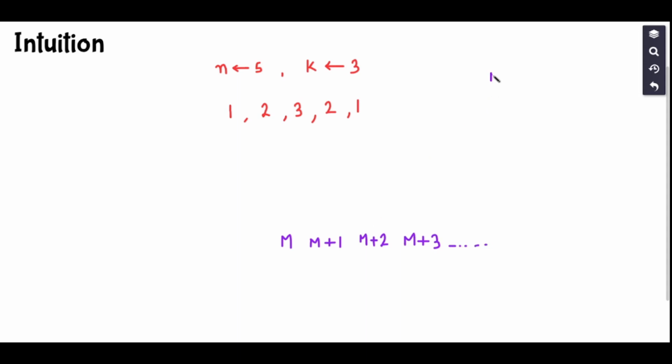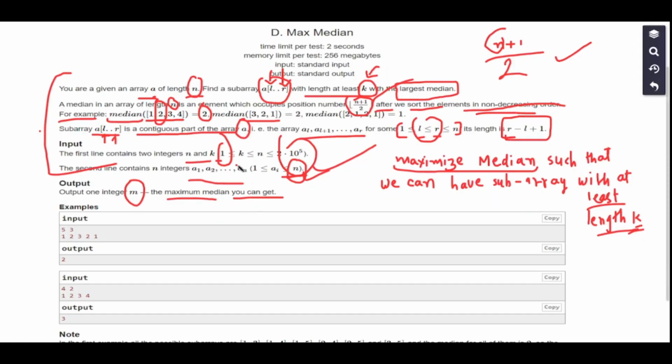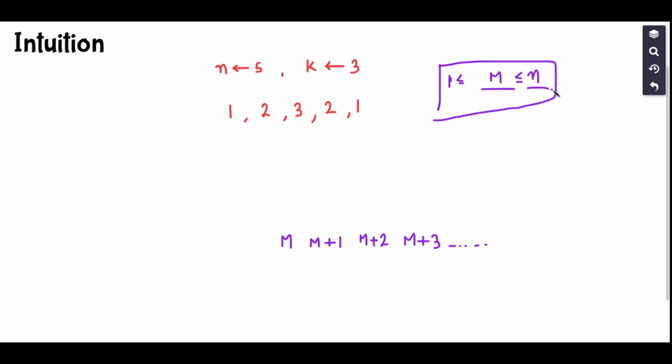And take any median, it will never exceed n. It will always be less than or equal to n. This is the range for the median in any test case for this problem. Why? Because observe from the constraints that the elements in the array lie between 1 and n, where n is the size of the array. So that means the median will never exceed n.